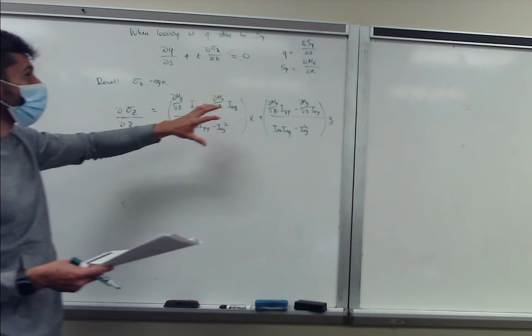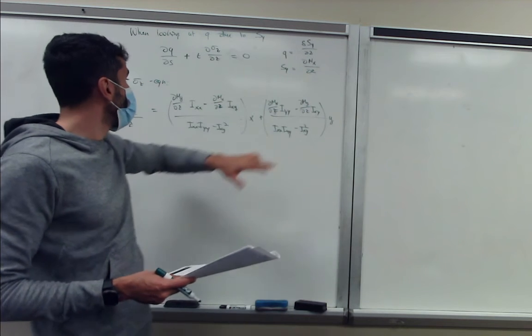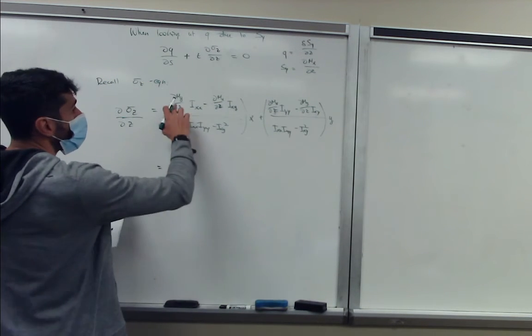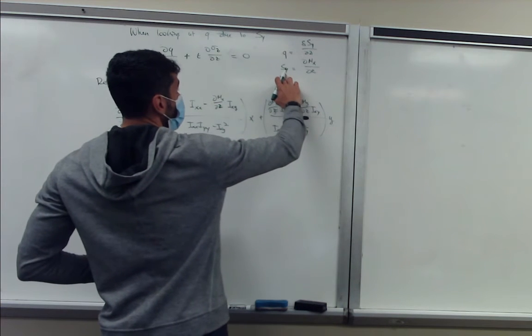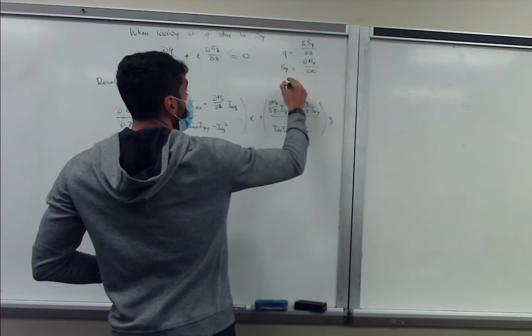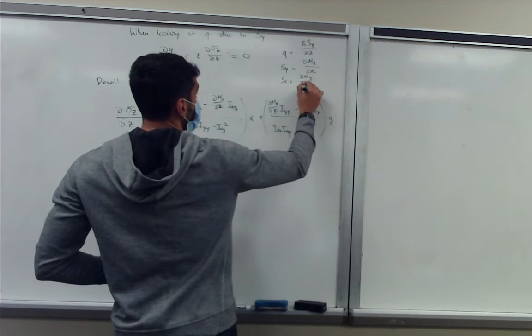So now we can use our first substitution. We know that Sy is equal to the variation of Mx with respect to z, so we can substitute that here. Sy is the variation of moments around x, and Sx is the variation of moment around y with respect to z.